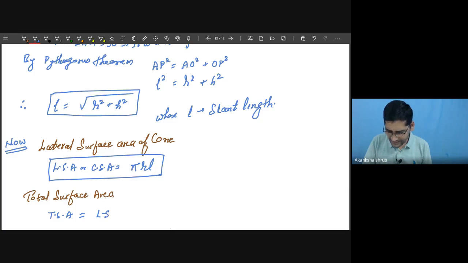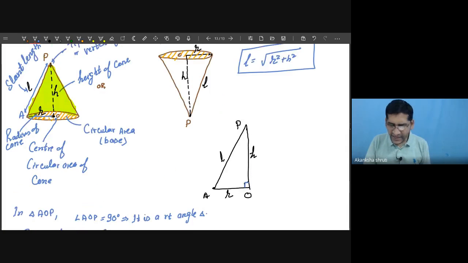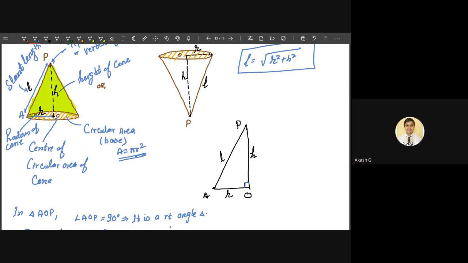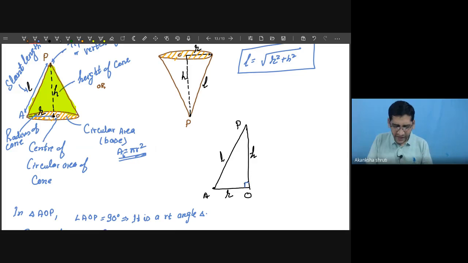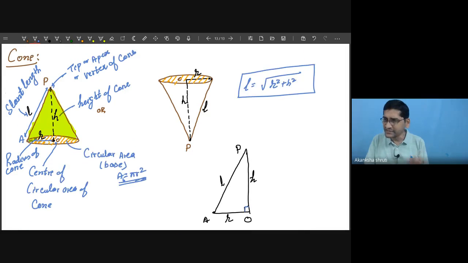So it is LSA plus how many other areas are left? Only one, students. It is the area pi r square only, which is the circular base. So the area of the base is only pi r square. Understand? The other point is just a tip which does not have any area. So we need to add only the area of the base.